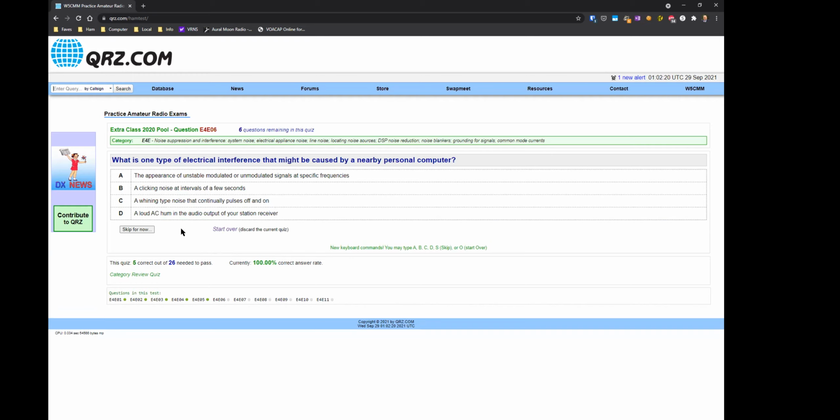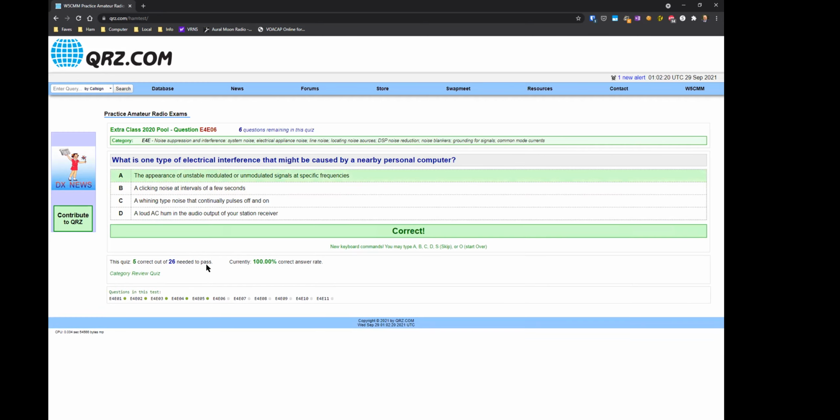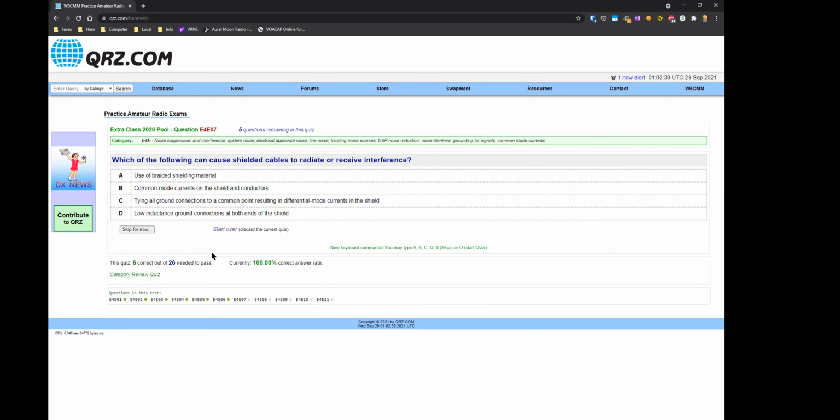What is one type of electrical interference that might be caused by a nearby personal computer? That one's A. Which of the following can cause shielded cables to radiate or receive interference?